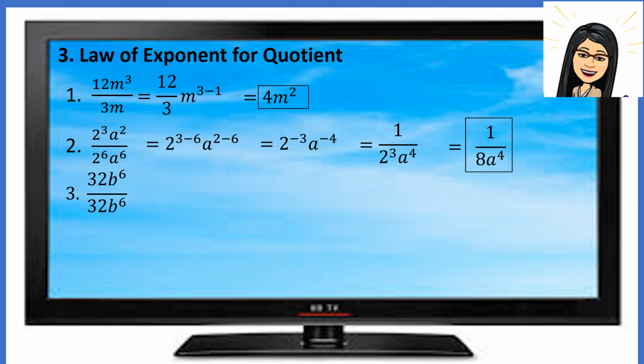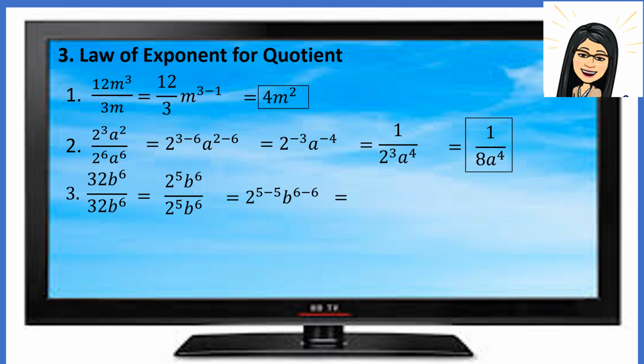Now, if the given is 32b raised to 6 divided by 32b raised to 6. So 32 can be expressed as 2 raised to 5. Applying the law of exponent for quotient, 2 raised to 5 minus 5 times b raised to 6 minus 6.